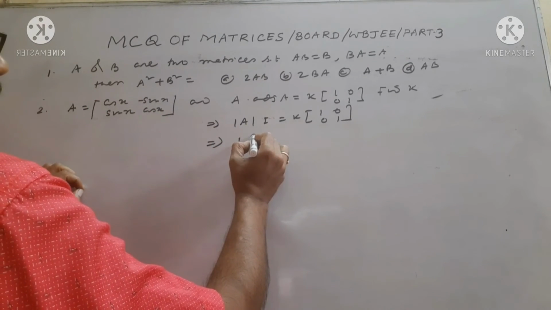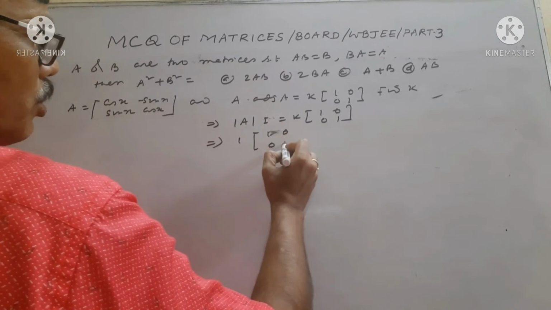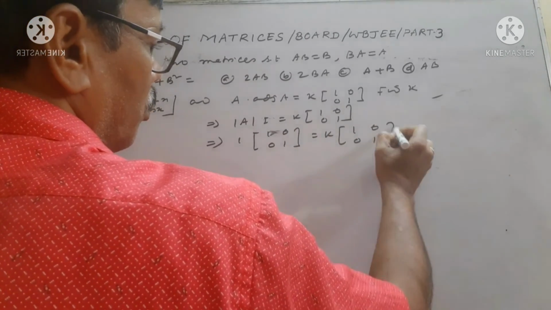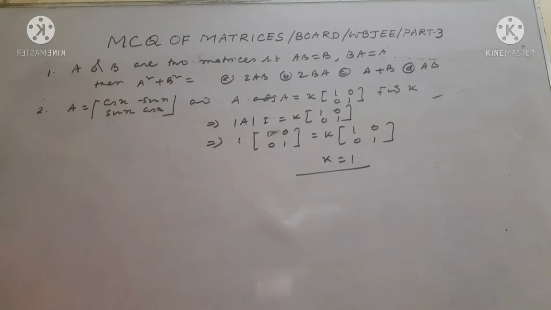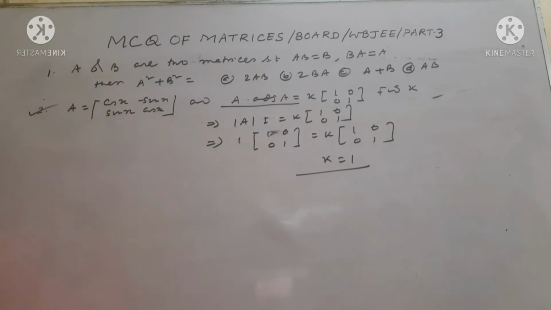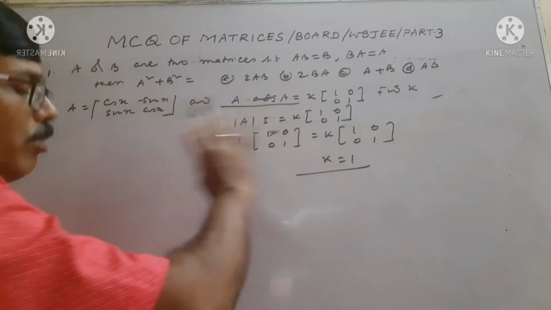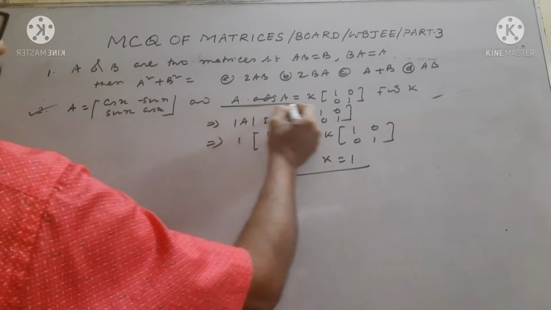So what is I? I is [1 0; 0 1]. So K equals 1. Compare using the formula of A into adjoint of A. Otherwise, you have to find the adjoint of A and multiply. So you remember the result.